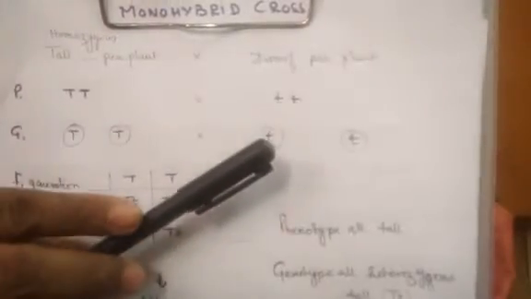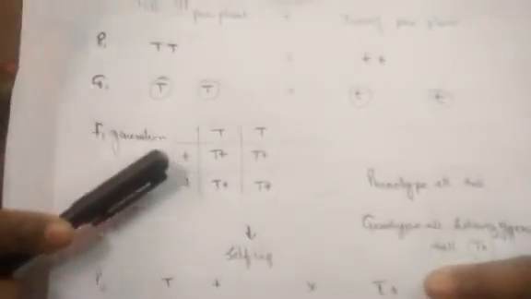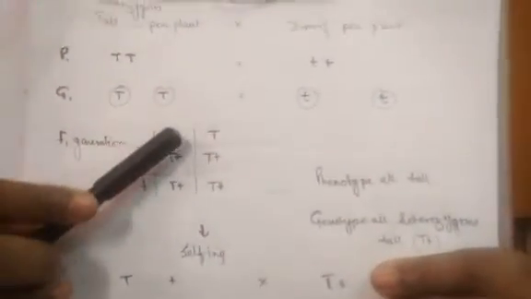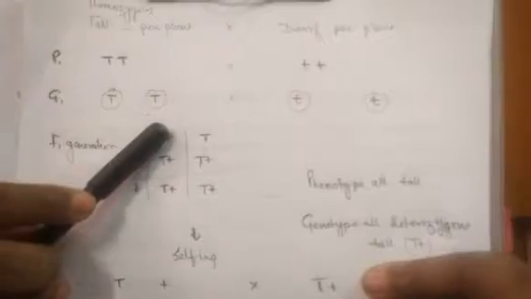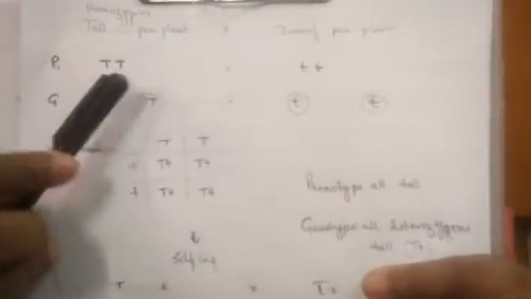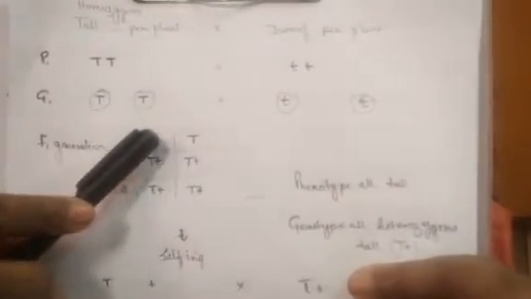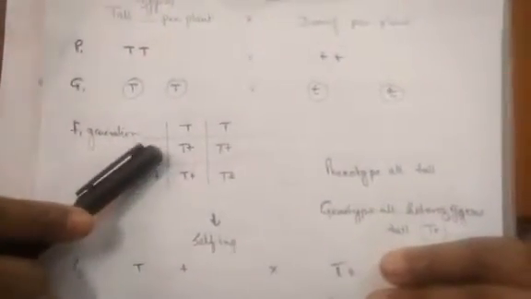Now in the first filial generation or F1 generation, these gametes will fuse. Clear? So we can do this in a square, which is called a Punnett square. We put the gametes here, suppose these are the male gametes, so we put the male gametes here, and the female gametes here.